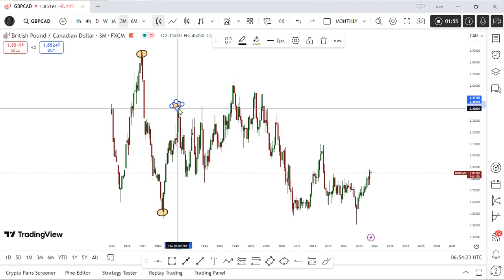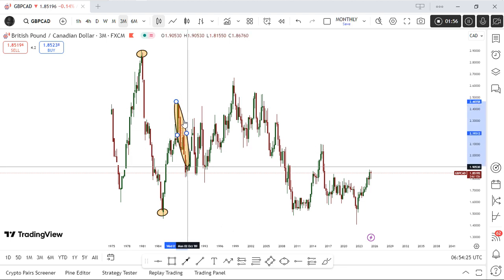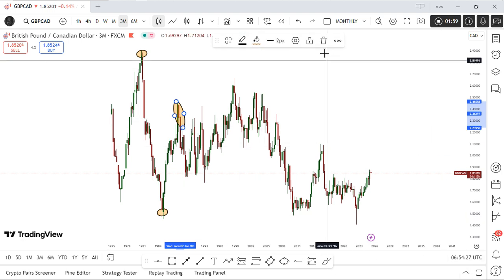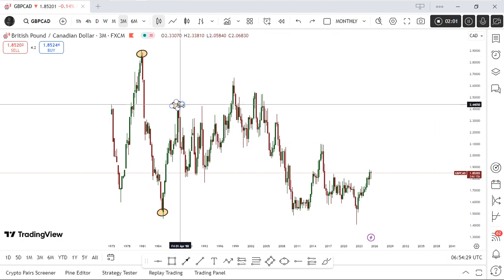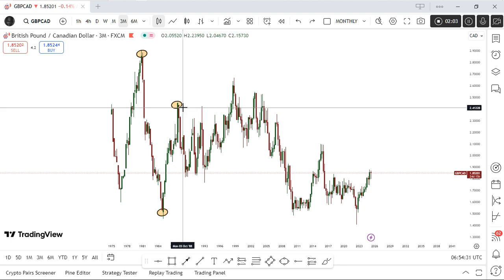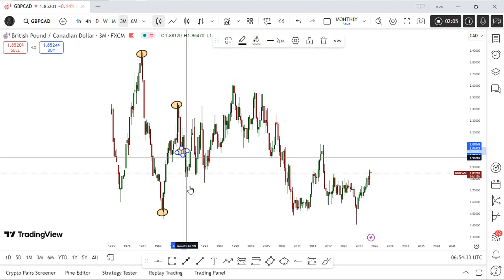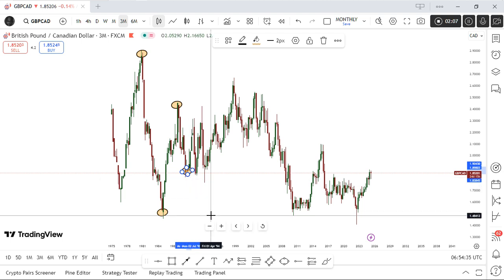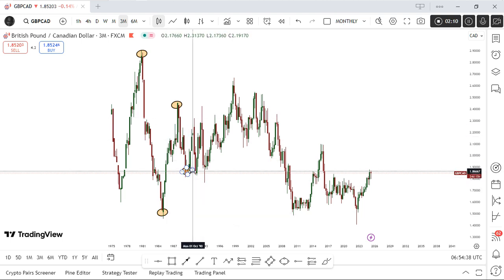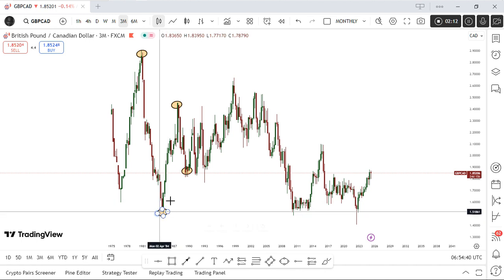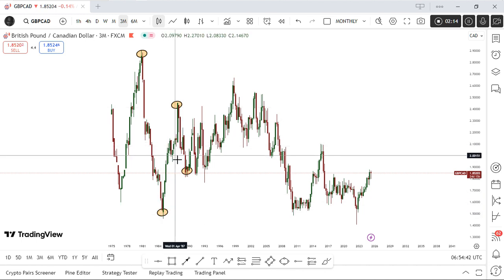Alright. Now we also have a low here. But looking at this, you can see that this low is higher than this low. So this makes this a lower high.